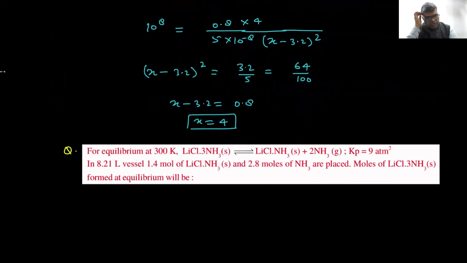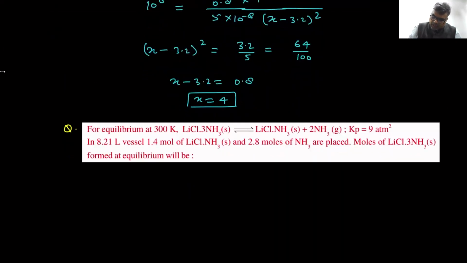So the next question is given: for the equilibrium at 300 Kelvin, LiCl.3NH3 solid goes to LiCl.NH3 solid and 2 ammonia, Kp is given as 9 atmosphere. I hope all of you can understand that here the partial pressure of ammonia can be calculated at equilibrium, because the other two substances are solid.